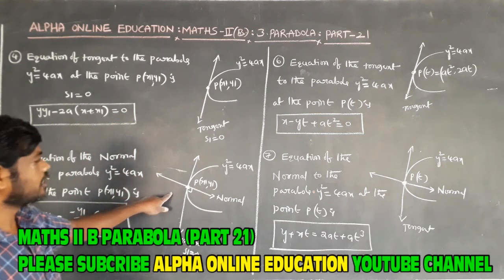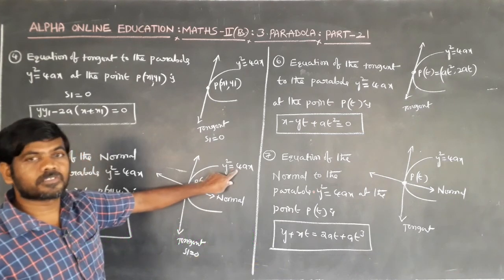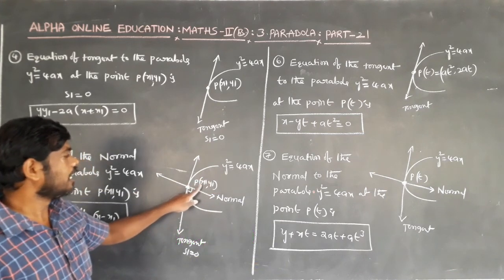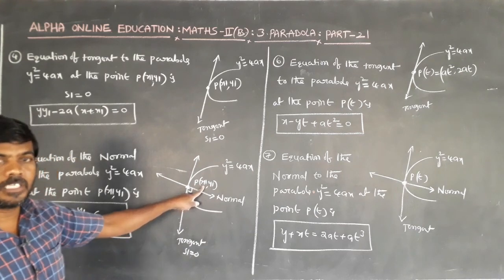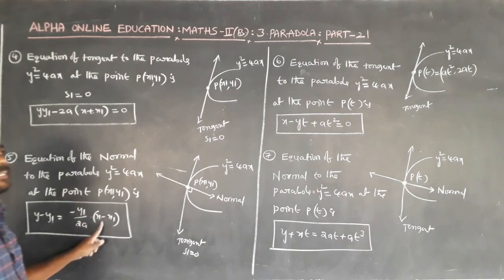Fifth one is the equation of the normal to the parabola y square is equal to 4ax at the point P(x1, y1): y minus y1 is equal to minus y1 by 2a into x minus x1.